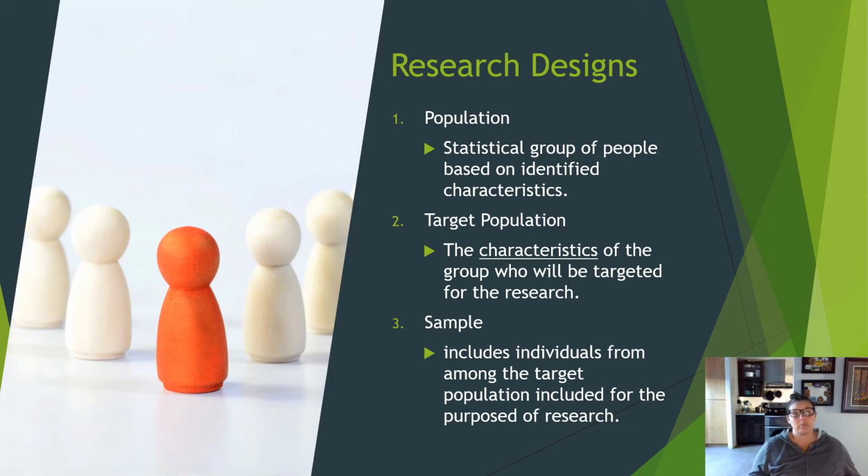That's my sample population. Those are the people that not only fall within the target population parameters, but that I can realistically talk to, interview, survey, test in order to be able to generalize to the entire target population that I want to talk about.